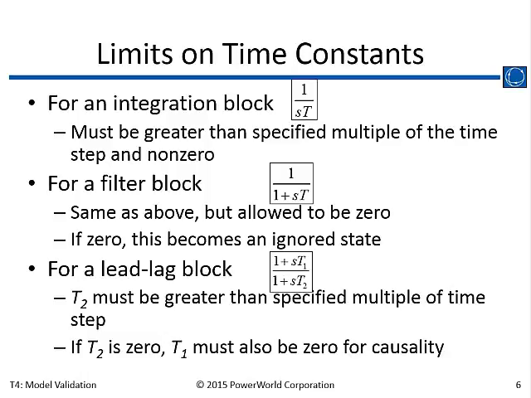In contrast, a 1 over (1 plus sT), that's a filter block. It sort of models a measurement delay. If you put an input into a block like that, the response will just be a delay, just a first order rise, like an RL circuit. This would model a measurement time delay. Let's say your voltage changes suddenly.